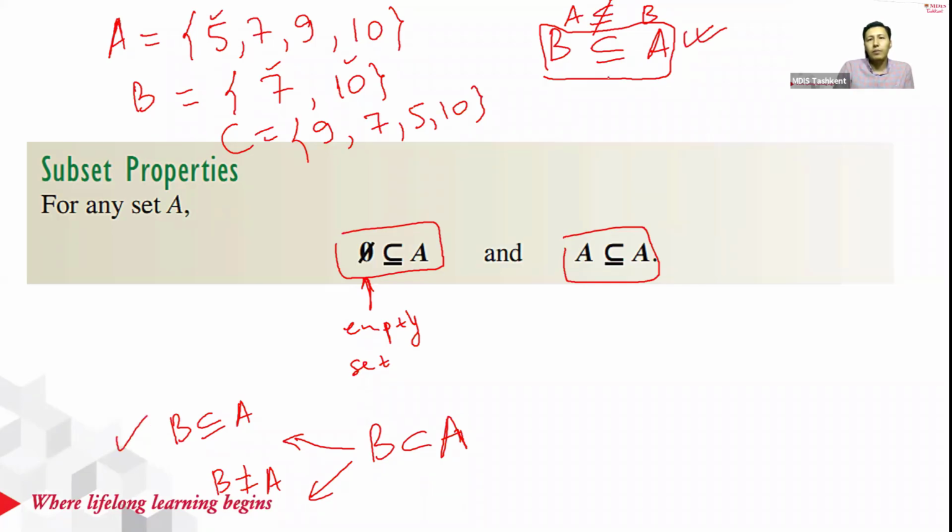Okay, it is a subset. The second one, not equal. Is A equal to B? No, it is not equal because in A we have 5, but in B we don't have 5. In A we have 9, in B we don't have 9. So it satisfies the second one also. Therefore, I can write proper subset.